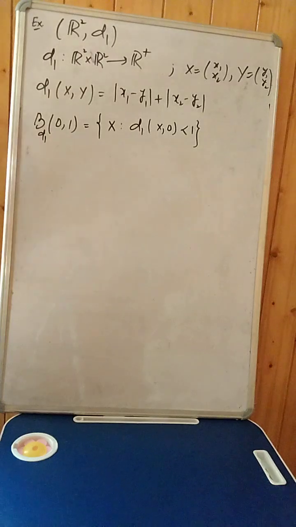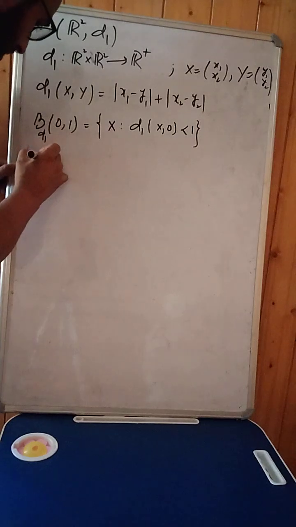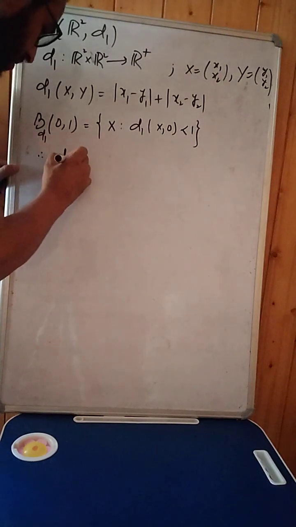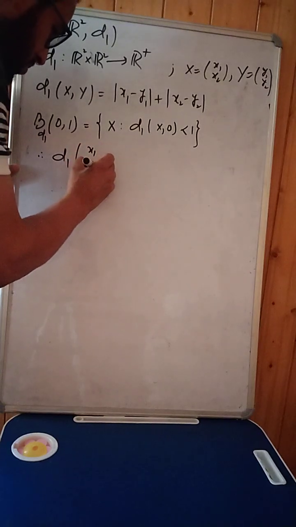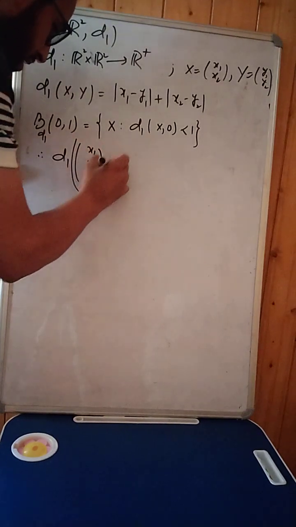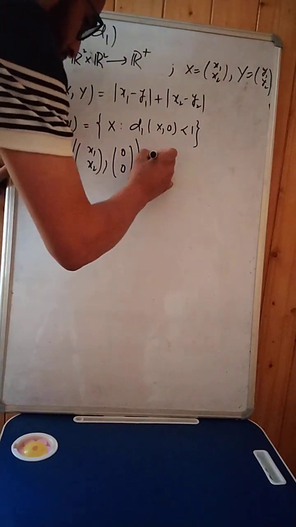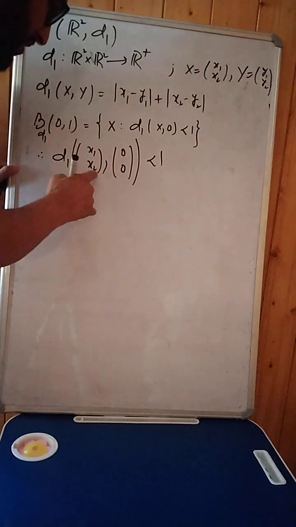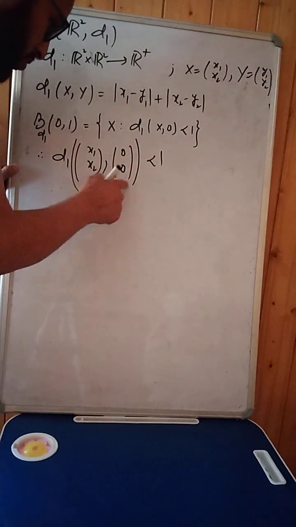So what is the definition of this here? Therefore I can write D1 of x, which is (x1, x2), and 0, which is (0, 0), must be less than 1. And what is the definition of this? The definition goes like this: this is x1, this is y1, this is x2, this is y2.